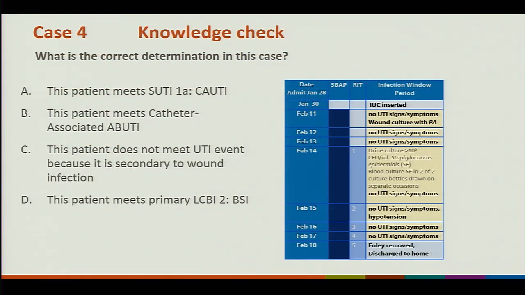Knowledge check. So get your phones back out. Be ready. So, what is the correct determination in this case? Is it a SUTI 1A CAUTI? Is it a catheter-associated ABUTI?